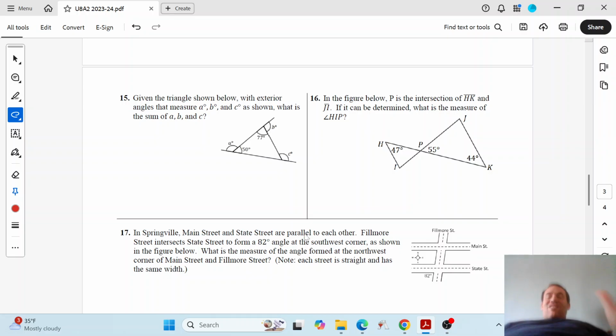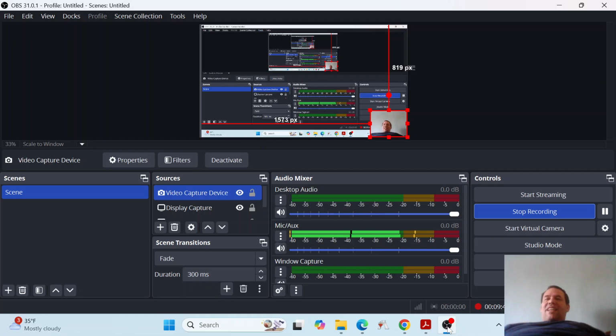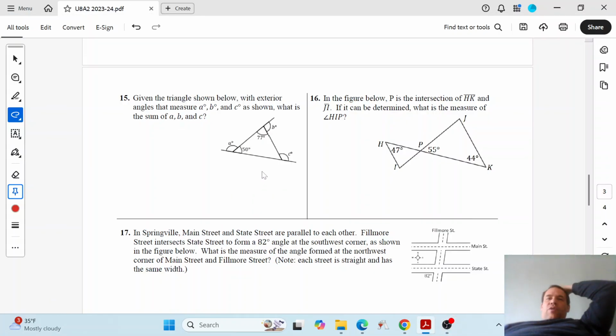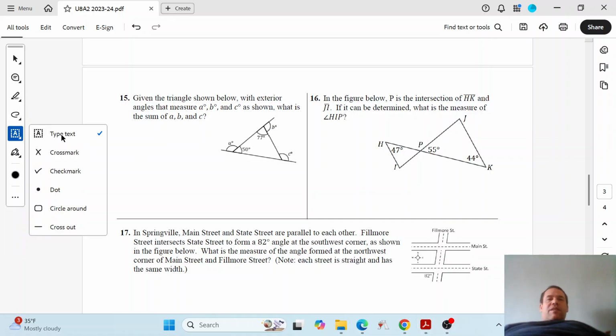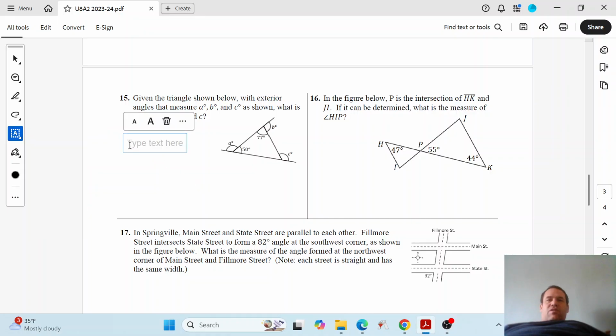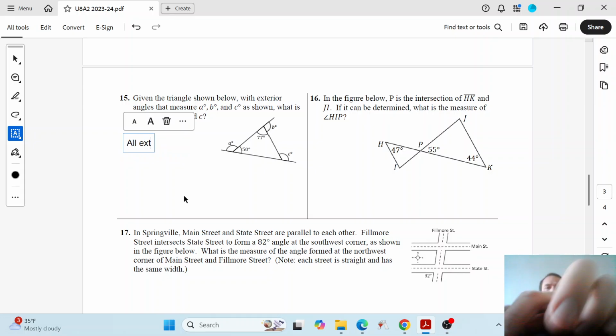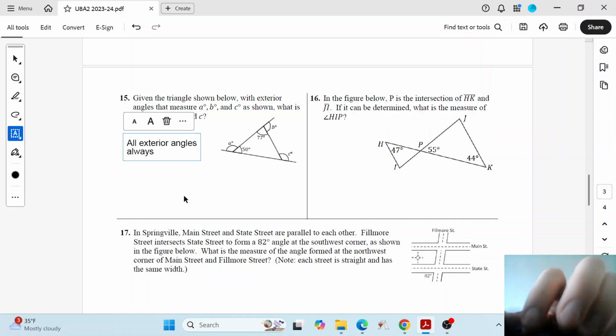So the thing you need to know is that all the exterior angles should add up to 360. So that's super, super important. I wonder if it's going to let me type that. That'd be cool. Let's try it. Okay, so all exterior angles always add up to 360 degrees.